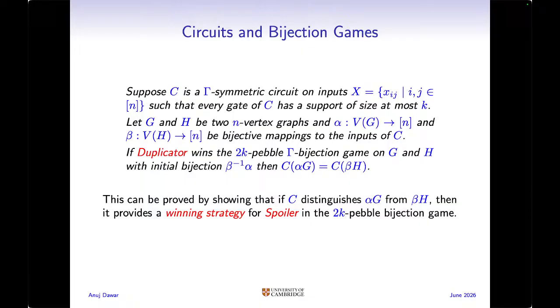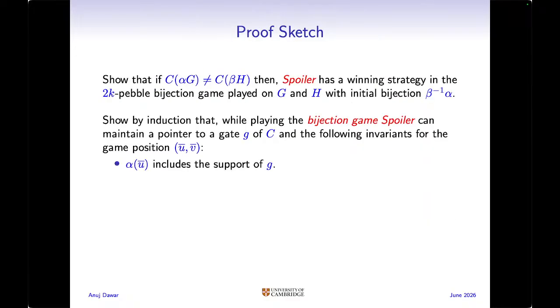So one way to look at this is if you have a circuit with small support which distinguishes the two, then the circuit provides a winning strategy for spoiler, right? Basically spoiler places pebbles on the support, starting with the output gate, where we know the values are different, which means for some input to that gate, the values are different, and spoiler is going to place pebbles on the support of that gate.